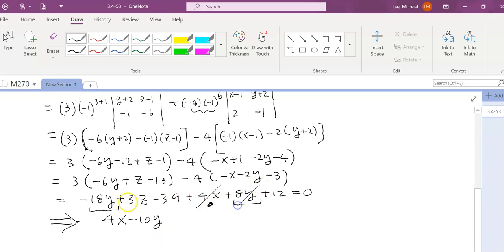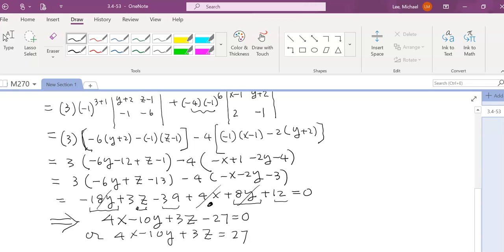Okay, so these are done. So I only have 1 z expression, plus 3z. Now I have negative 39 and 12. So that will be minus 27, equal to 0. Okay. So we can say 4x minus 10y plus 3z equals 27.